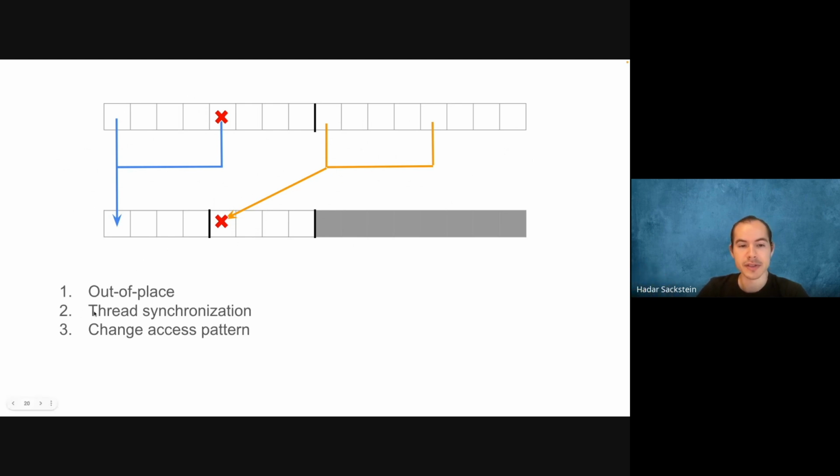The second solution is thread synchronization, meaning you can add the sync threads command after the read, so you make sure that all the threads have read before they write. But that is possible only for the threads within a single block. And in this case, these are threads of different blocks, so they cannot be synchronized.